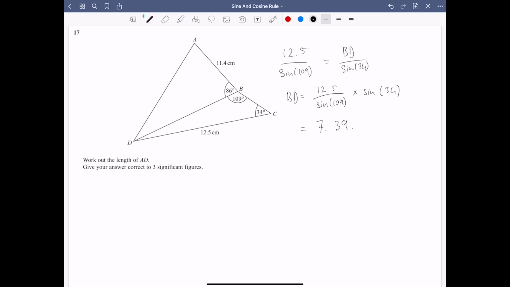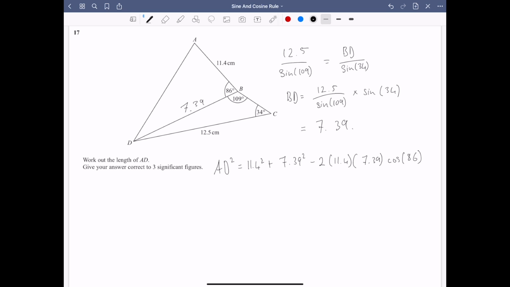And then we can use the cosine rule. We've got 7.39 here, we've got this side and this angle, which means that AD squared is equal to 11.4 squared plus 7.39 squared minus 2 times 11.4 times 7.39 times cos of 86.